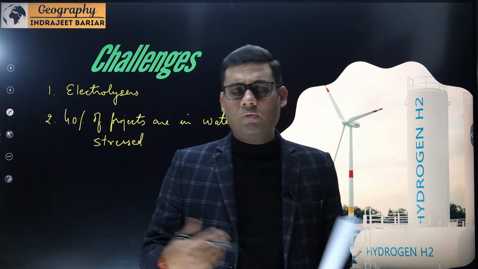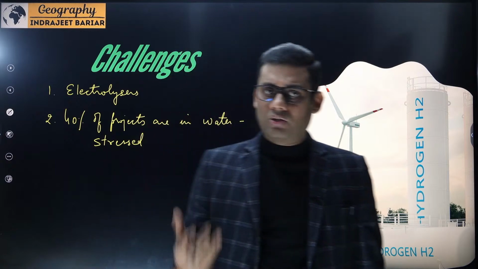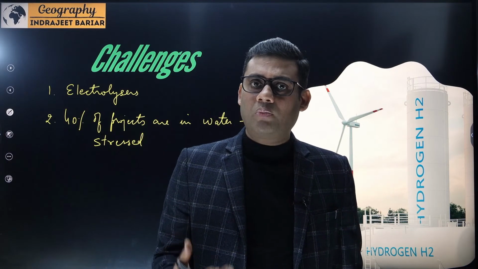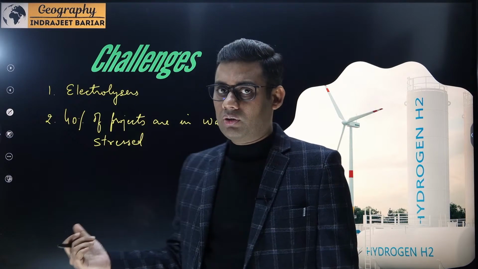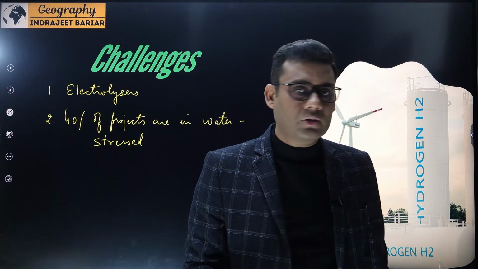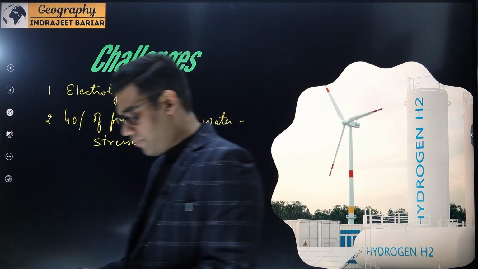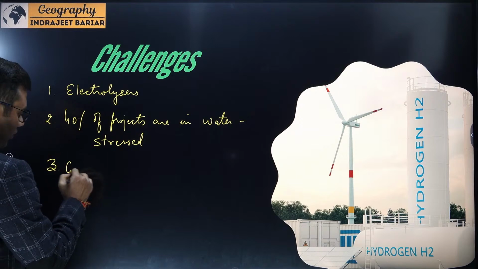And apart from that, one can argue we can use, let's say, seawater, but as of now, we do not have proper technologies to use seawater to produce hydrogen. So fresh water has to be used, and that's where the water stressed regions would come into the picture. And lastly, apart from that, the cost competitiveness.